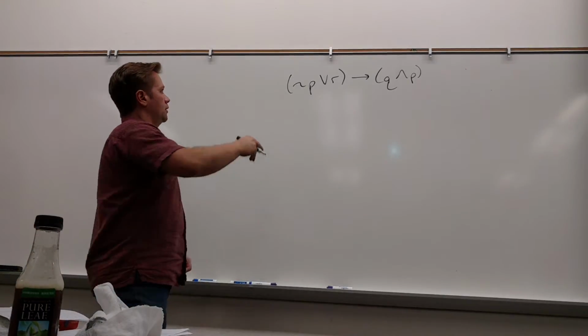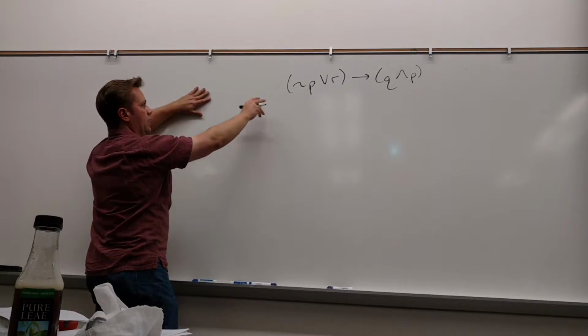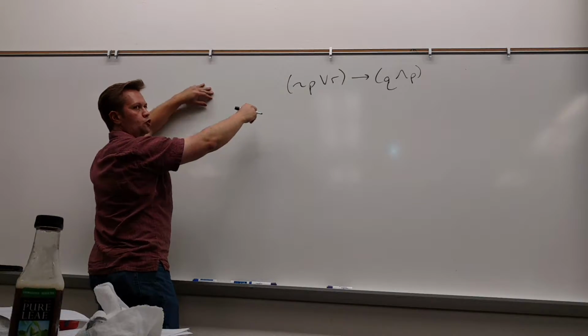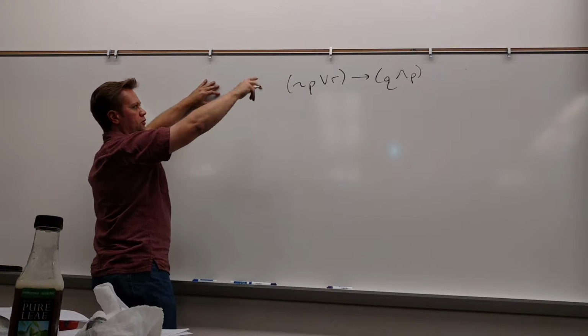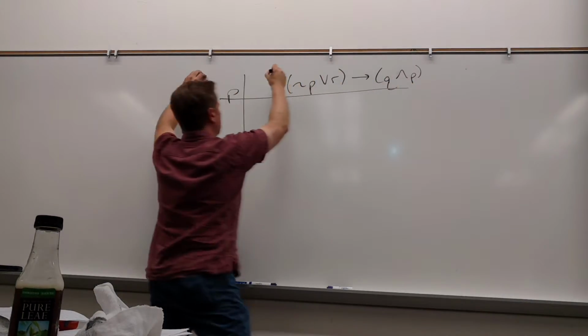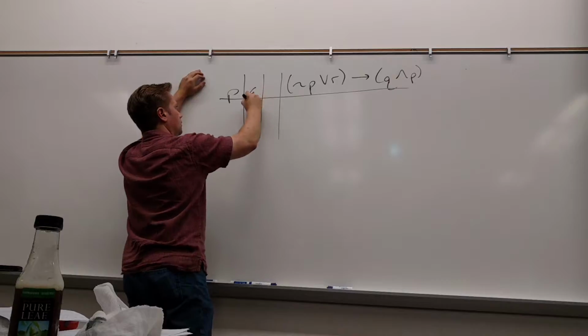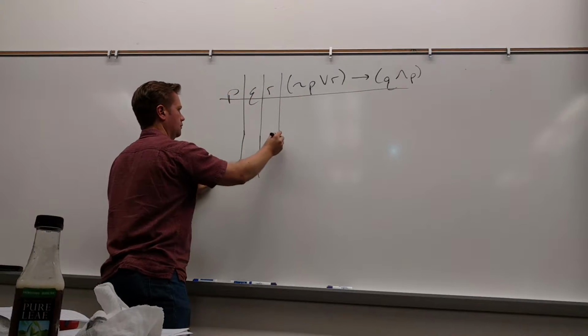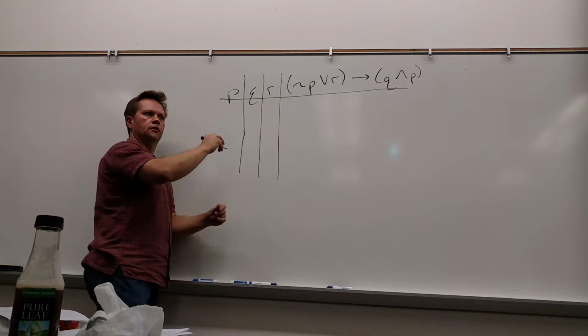Anyway, sorry. So I need to know what the inputs are. How many variables do I need? 3. That's right, P, Q, and R. Always put them in alphabetical order so that everybody agrees. Who remembers how many? Oh, this is coming back?